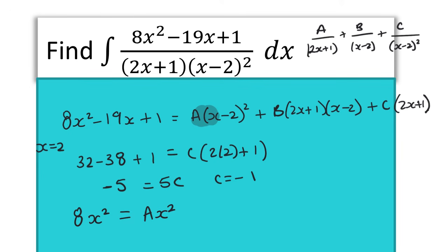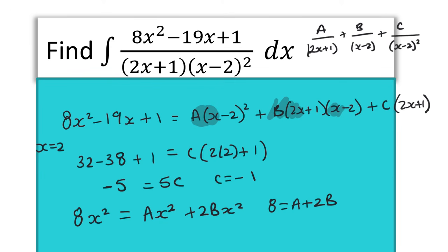And then when else am I going to get an x squared? With b, I'm just going to have 2bx squared, aren't I? Plus 2bx squared. So now I know that 8 equals a plus 2b. I'm not expanding the whole thing. There's no need for me to expand the whole thing, right? If you expand the whole thing, you're just being really silly.